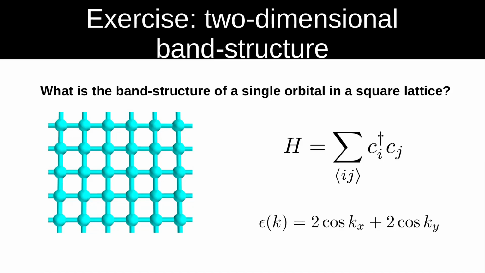And then if you follow the same procedure for the y direction, you will pick the phase in the y direction once again. And this will give rise to an additional 2 times cosine of ky or phi y, depending on how you write it. This is the dispersion relation of the two-dimensional square lattice.